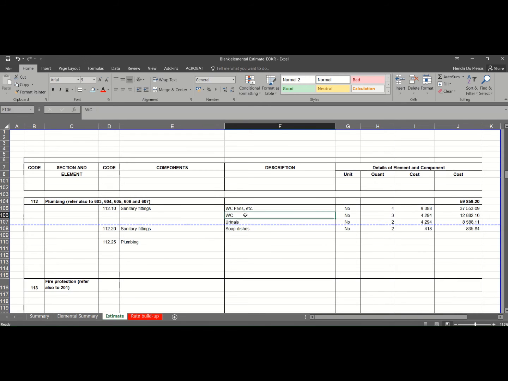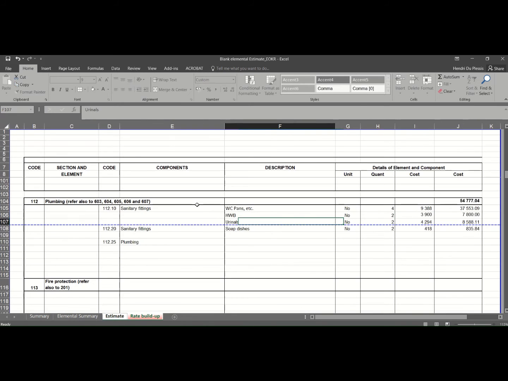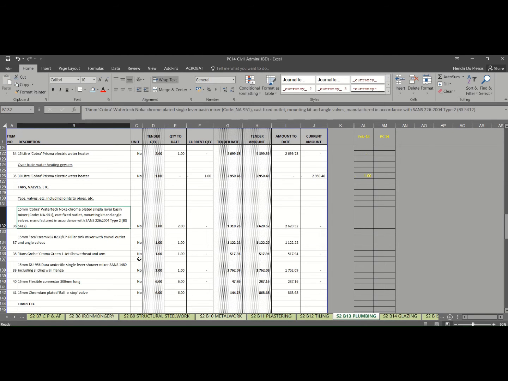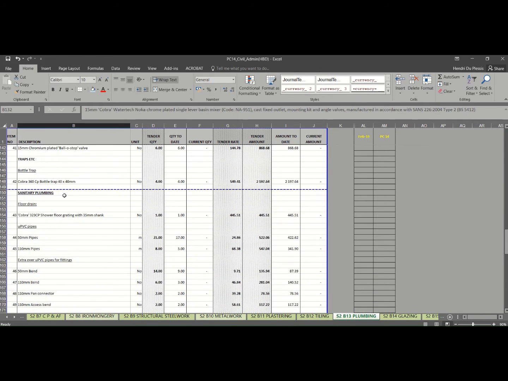I don't have a hand wash basin, so let's add a hand wash basin here, and let's say we have 2 according to your drawing, and then you just bring your rate forward. Okay, so that's more or less how you do your plumbing measurement.